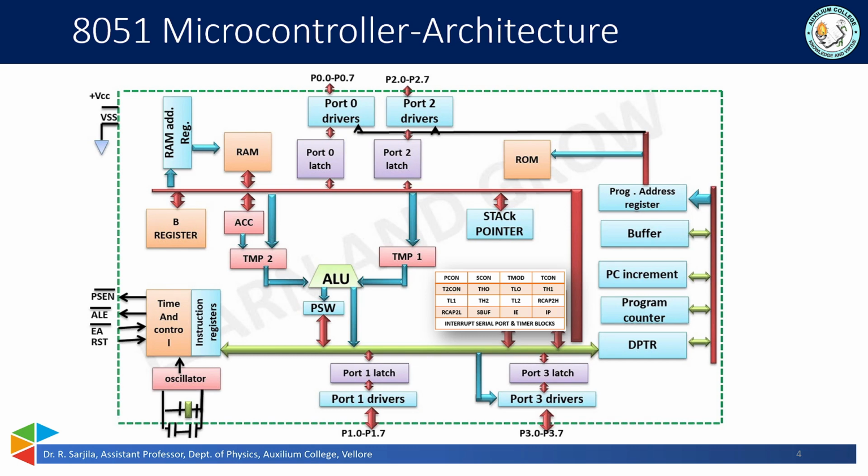Now also this 8051 has 4 ports, and these 4 ports are various blocks in this block diagram. This is for port 0. Port 0 has drivers and latch. Each port has a driver and latch, we can say a buffer and a latch associated with it. So these are for port 0 and these are for port 1 and these are for port 2 and these are port 3.